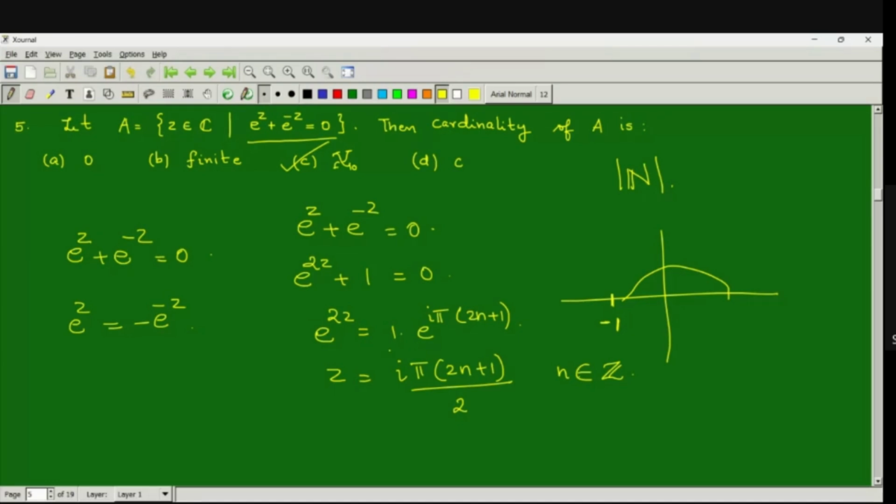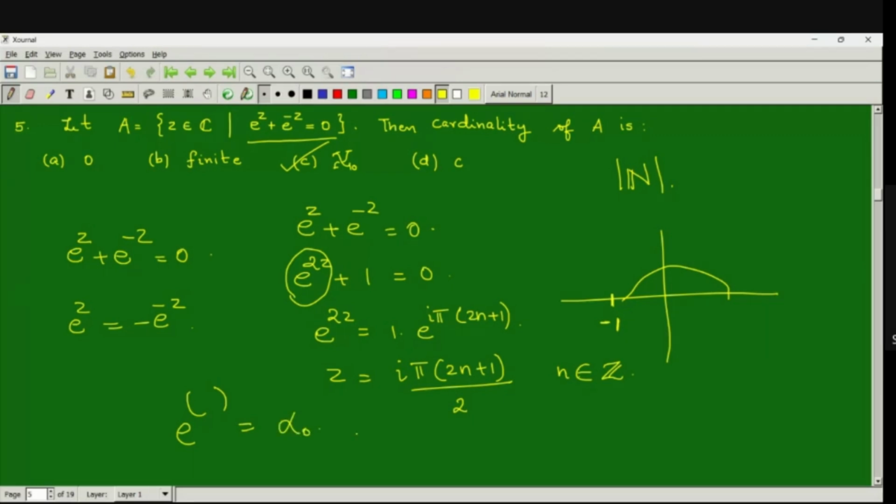What can we do next? Nothing can be done, right? So the idea is to get something like e power something equal to a complex number.